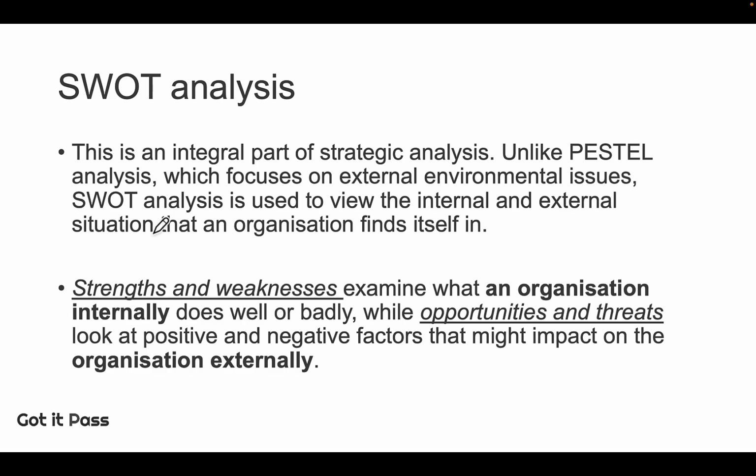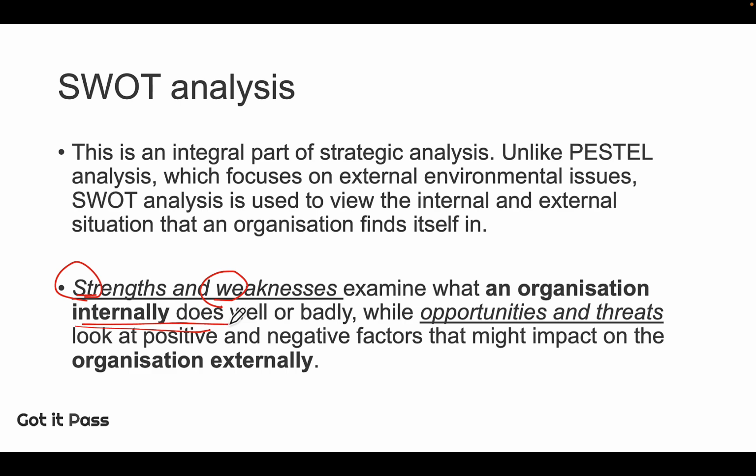A very important point about SWOT analysis is you have to be clear which elements are internal and which elements are external. Strengths and weaknesses, S and W, examine what an organization internally does.